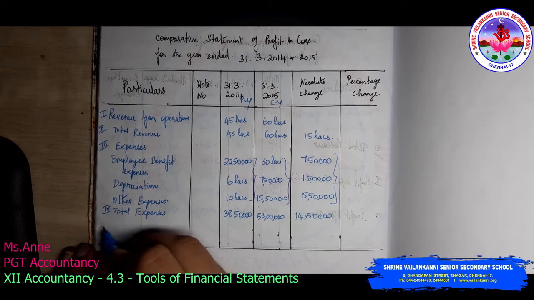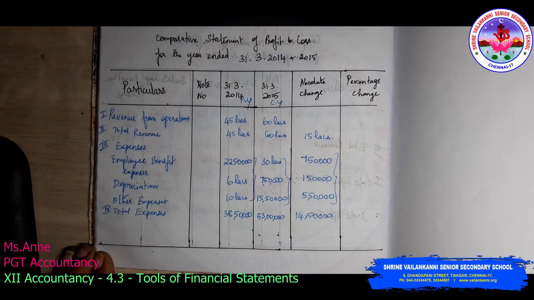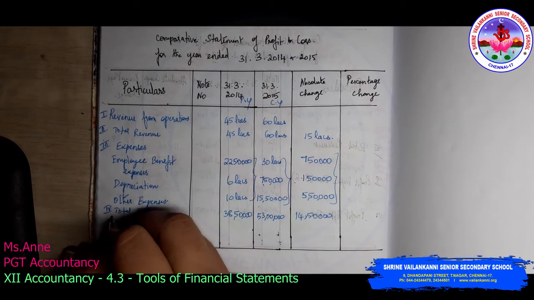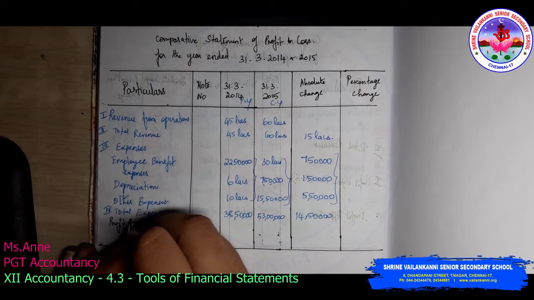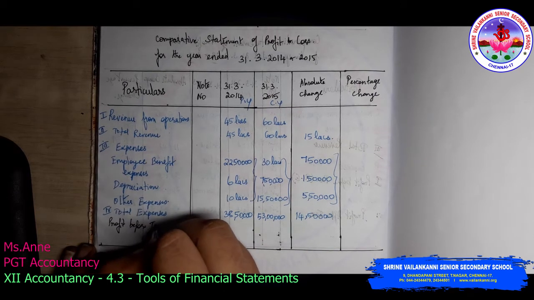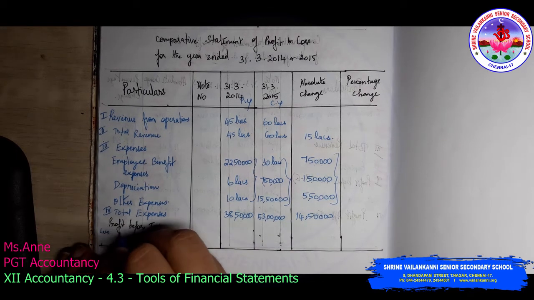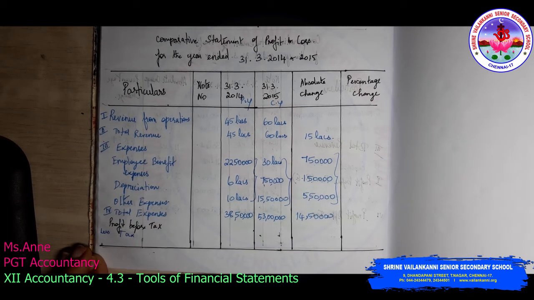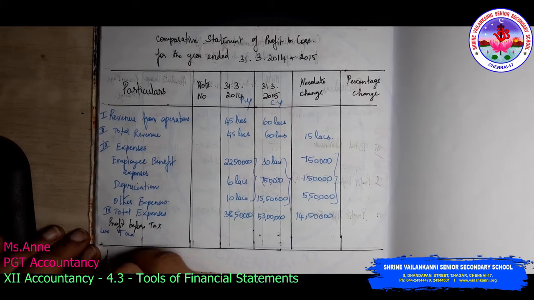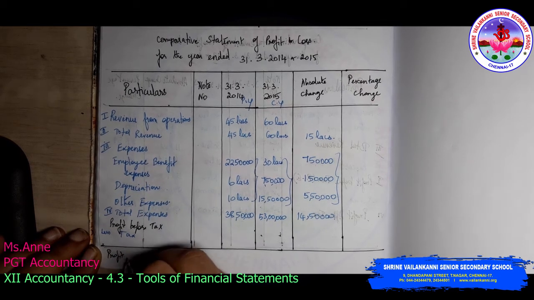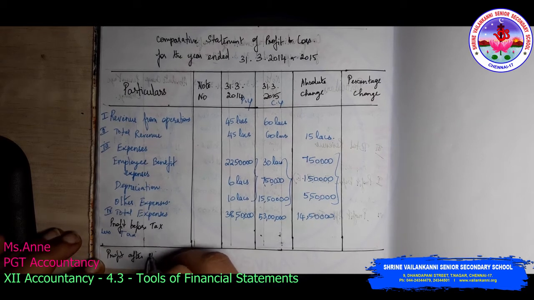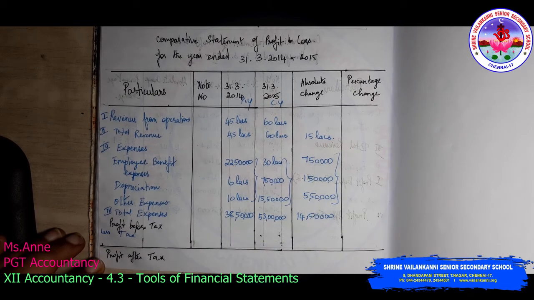So I'm going to take this as profit before tax. My format is profit before tax less tax. I'm going to find the profit after tax. Okay, so this is going to be my format.